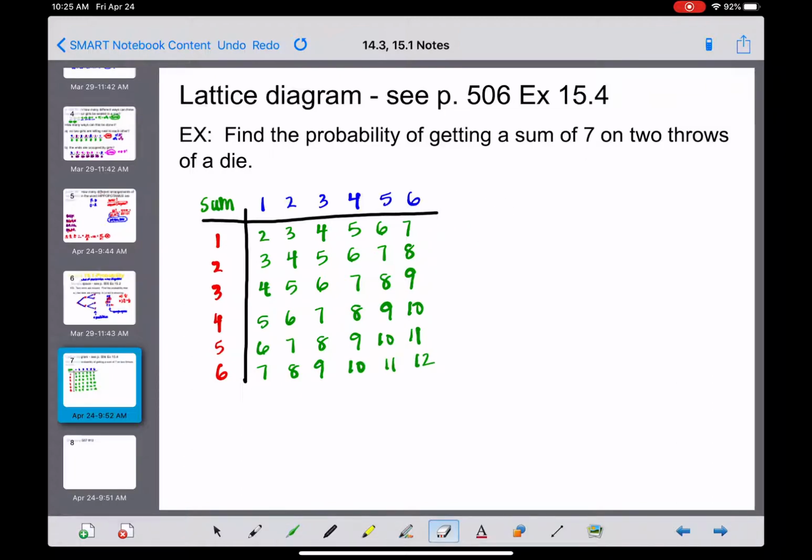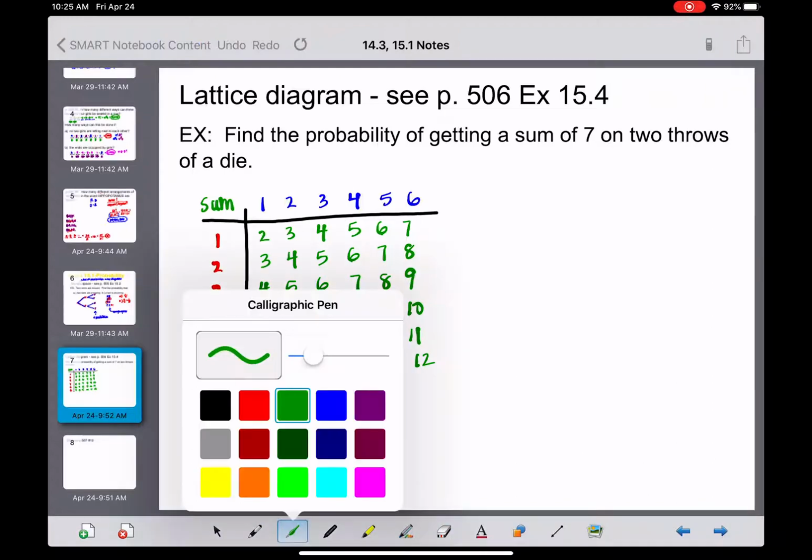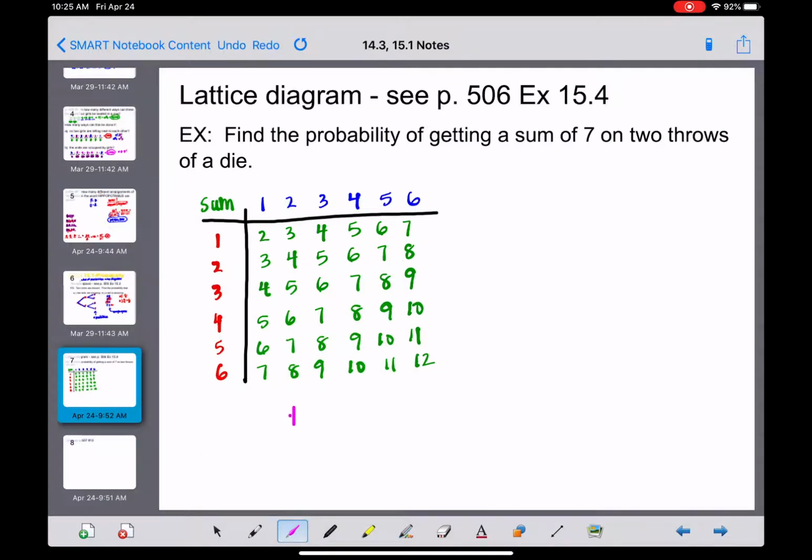Now, as we look at this, if it wants the probability of getting a sum of 7, we need to know how many total sums are possible. So we have a 6 by 6, so it's not 12, it's 6 by 6, which is 36. There's 36 numbers in that lattice diagram. So I want to recognize that.